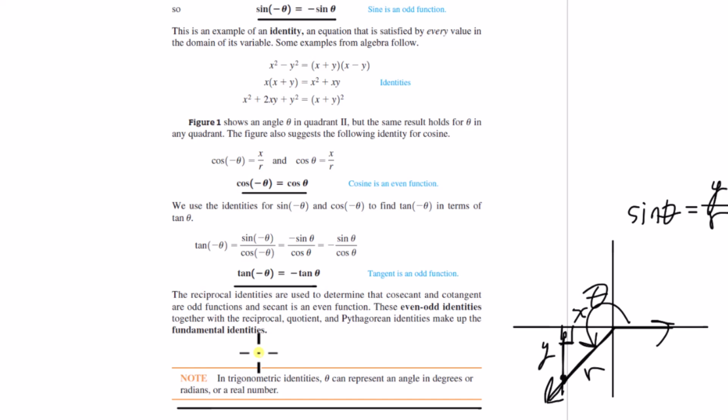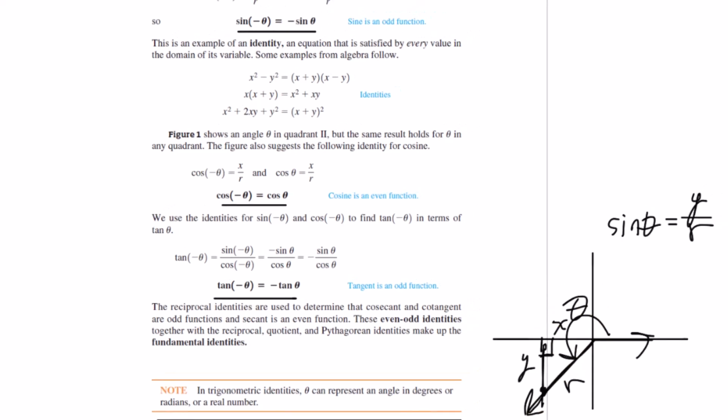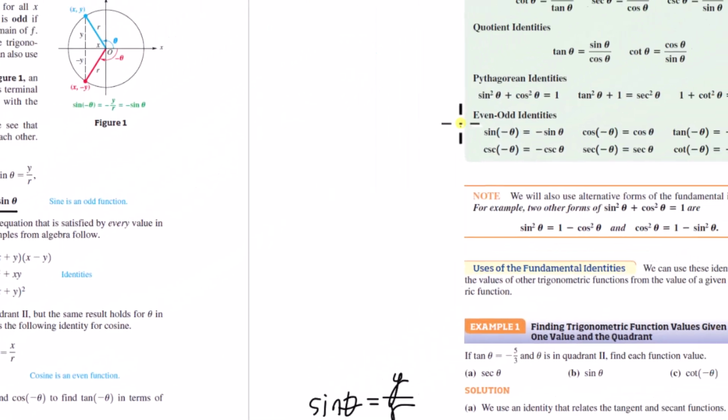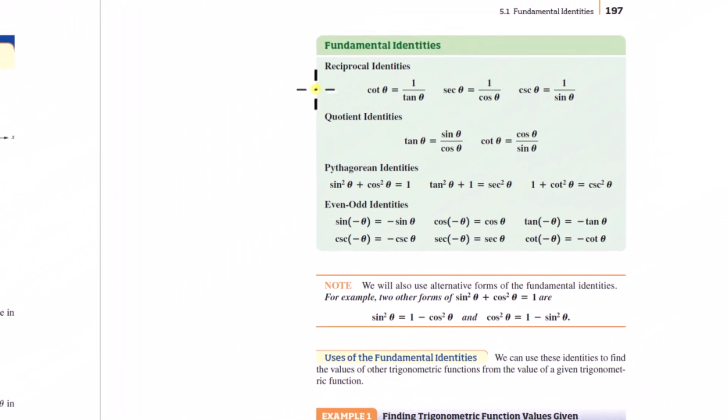You can't mix them in, because then you're not dealing with the same angle. You could mix them in, but then you have to convert to make sure you're dealing with the same amount of opening between two straight sides. Okay, so there's the even-odd identities added to the list.